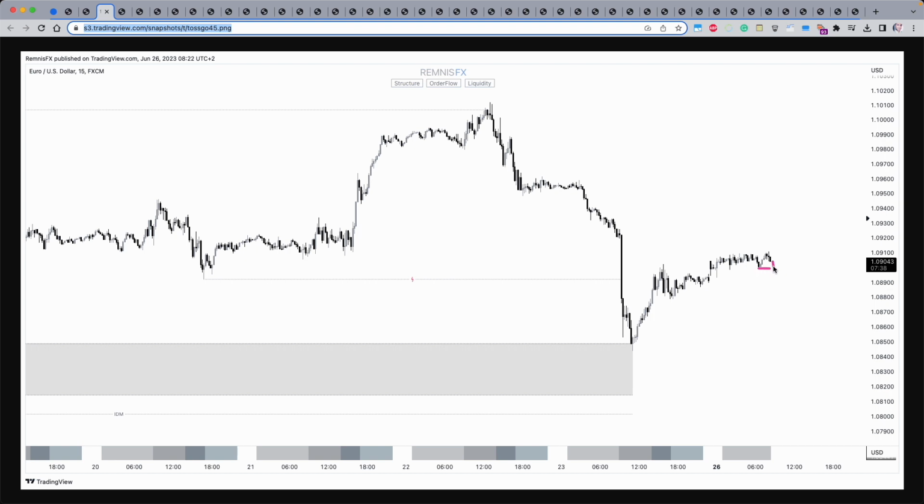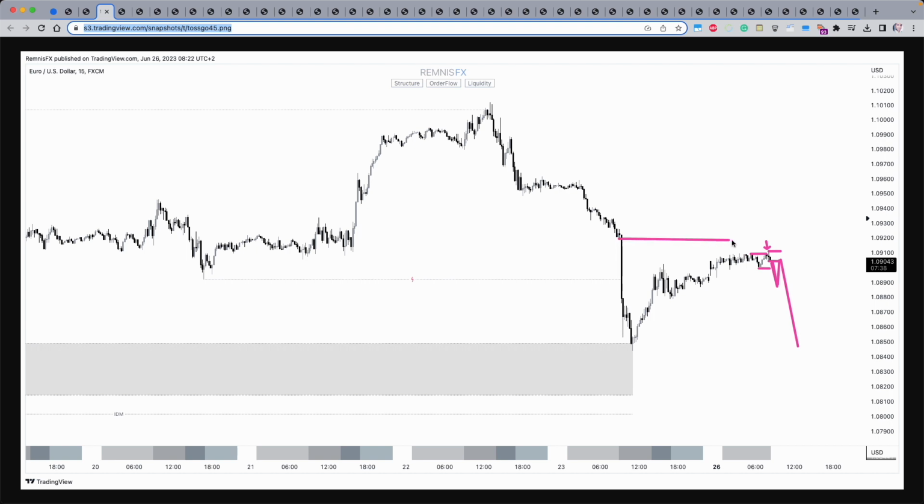If it does not, then more often than not, price may come back for a mitigation of this area, because this high was taken out by these candles, but price closed below. So should price close below this most recent internal low, then it could get interesting to look for potential buys at that area.